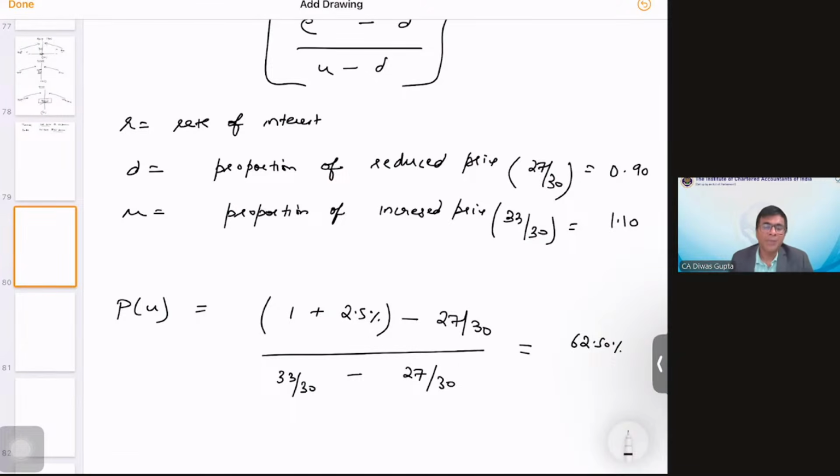So the probability that the prices will become 33 is 62.5%.